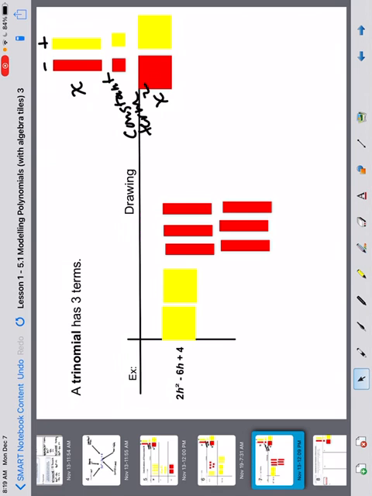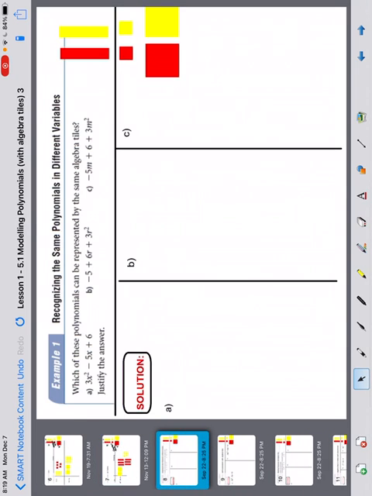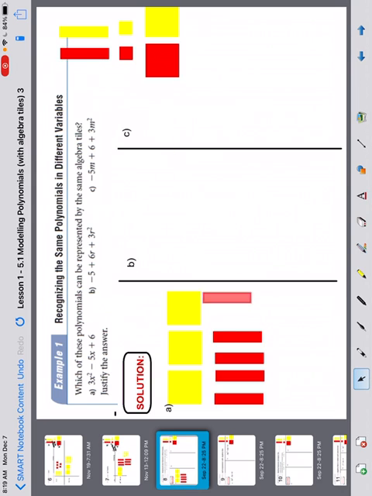And for our constant term, we have +4, so we place 4. Over here, 3x² − 5x + 6. Start with the first one, 3x², place 3. Then −5x, that's negative. Plus 6, that's your constant term, it's positive.